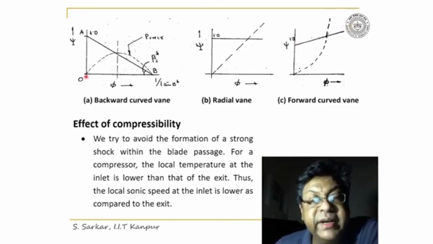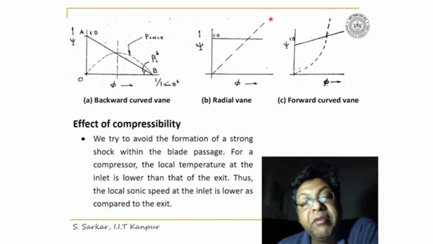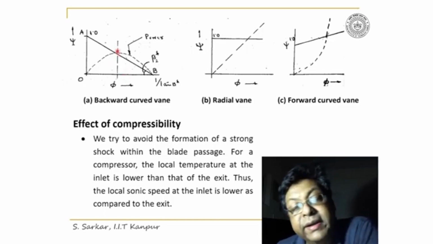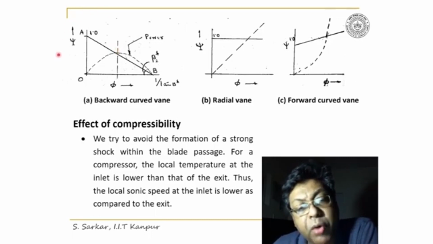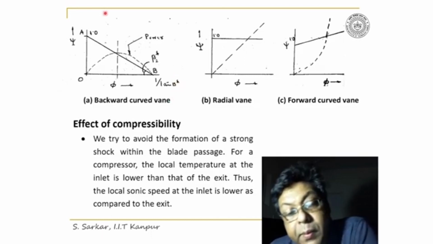If we consider power, for these two cases, power increases with phi. However, for backwardly curved vane, power does not go beyond a certain limit. So this is a very important characteristic for a backward curved vane.